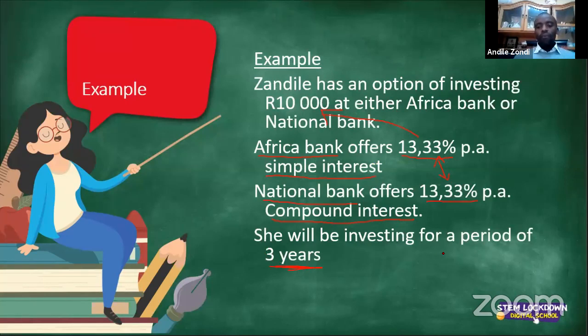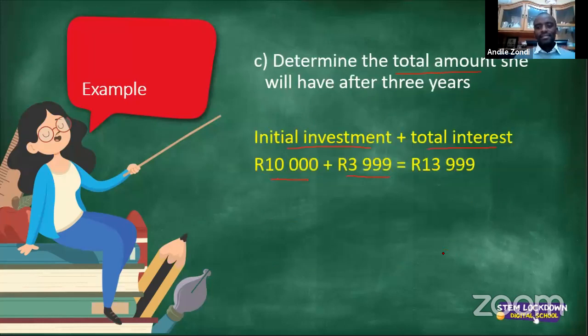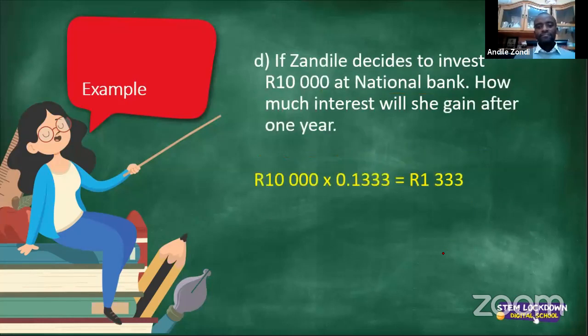So for the first year, interest will be the same. In other words, for the first year, we'll say 10,000 times 13.33%, which is equal to 0.1333.